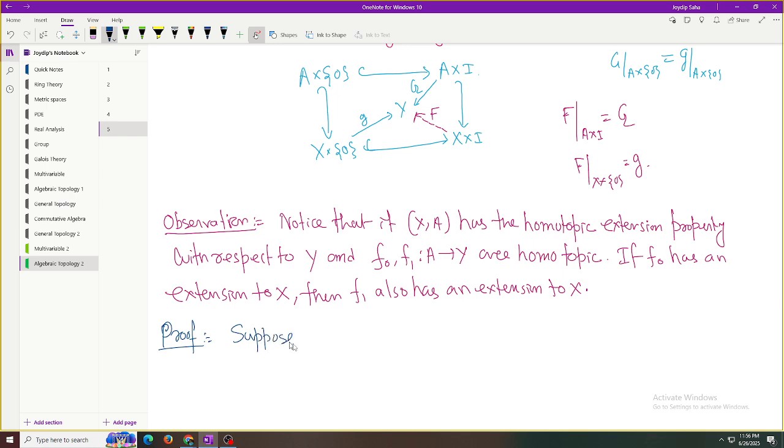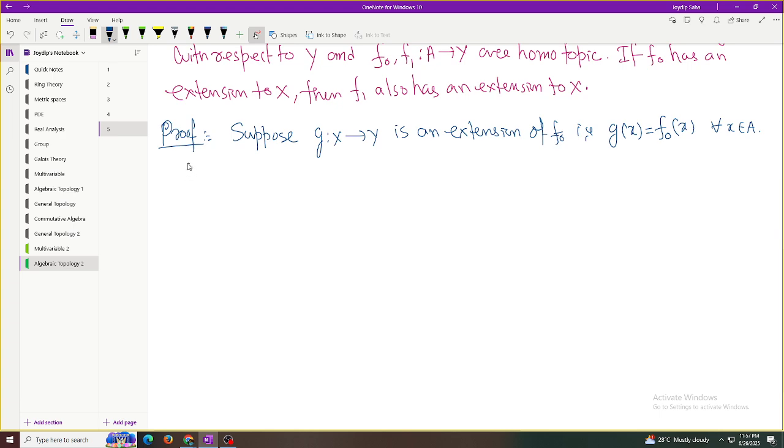Suppose g: X to Y is an extension of f0, that is g(x) = f0(x) for all x belonging to A. Let F: A cross I to Y be a homotopy between f0 and f1.